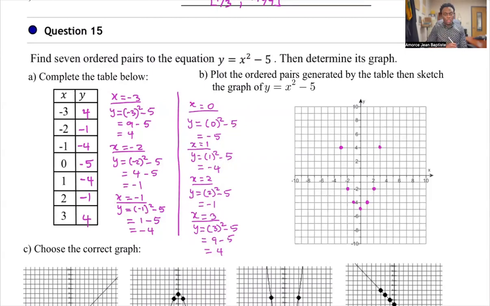So we see the pattern, we can just connect the dots and then get the actual curve. Okay, so that's the graph of y equals x squared minus 5.